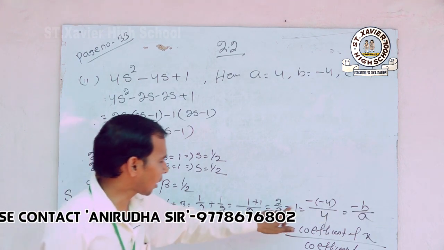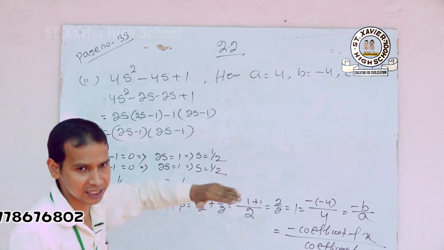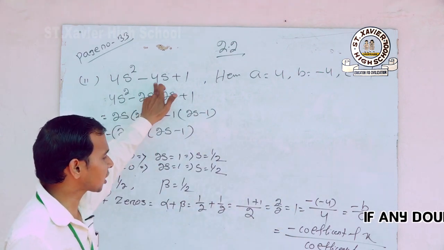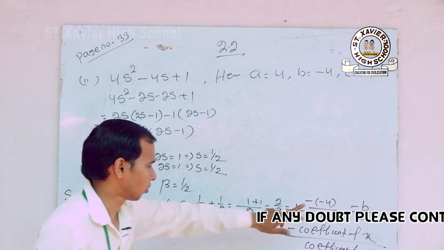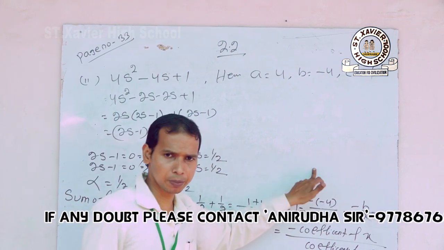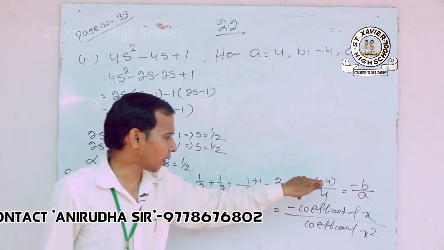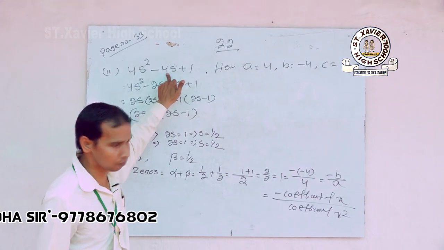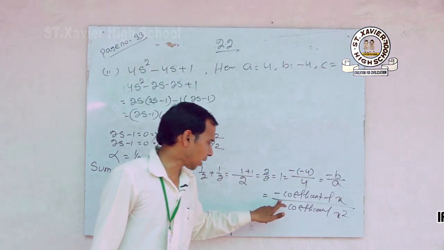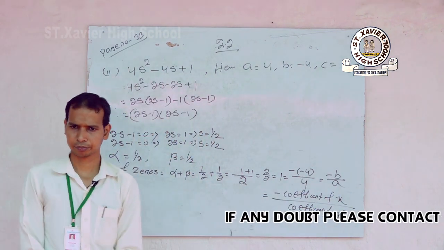So then you get 1, and 1 can be split or adjusted to bring it into the structure. So minus of minus 4, minus minus is plus, 4 by 4 is 1. So 1 can be written as minus of minus 4 by 4. So minus 4 is the value of b, so minus b by a, so minus coefficient of x by coefficient of x square.